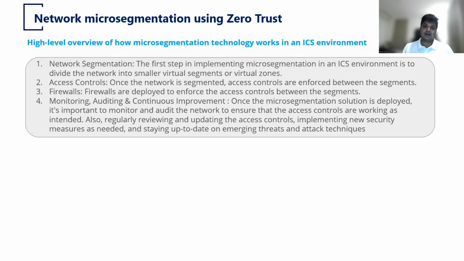And on top of this, having the monitoring, auditing, and continuous improvement. So a solution once implemented cannot be left as is. The attackers are getting smarter, so we need to make sure that we keep reviewing these access controls, making sure that they're working as intended, and also updating them on a regular basis, to make sure that enough measures are taken to stay up to date on the emerging threats.